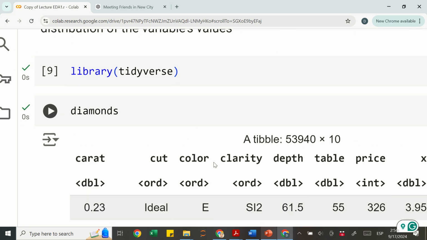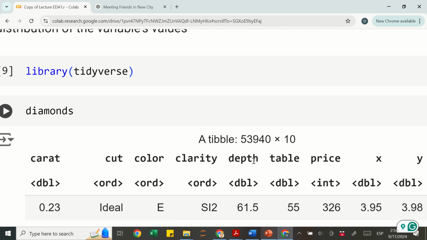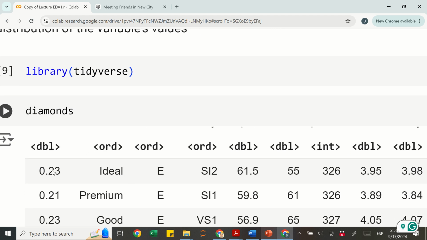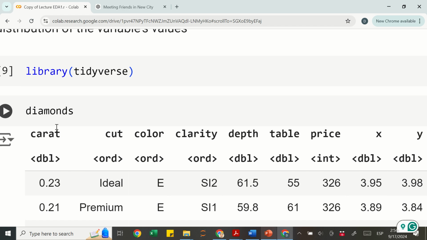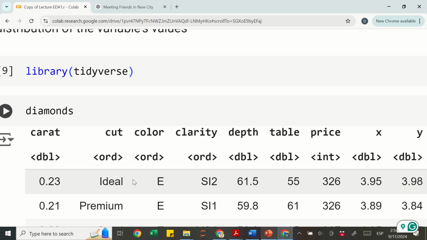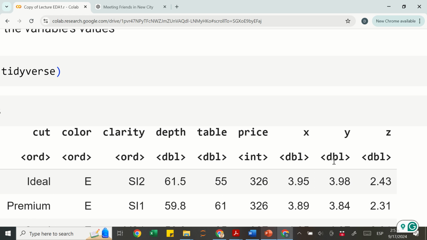There are around 44,000 observations, or diamonds, here. The first variable is carat, which is the weight of the diamond. The cut, which refers to the quality. Color, clarity, depth, the table, price, which is really important. And then we have some measurements like X, Y, and Z.